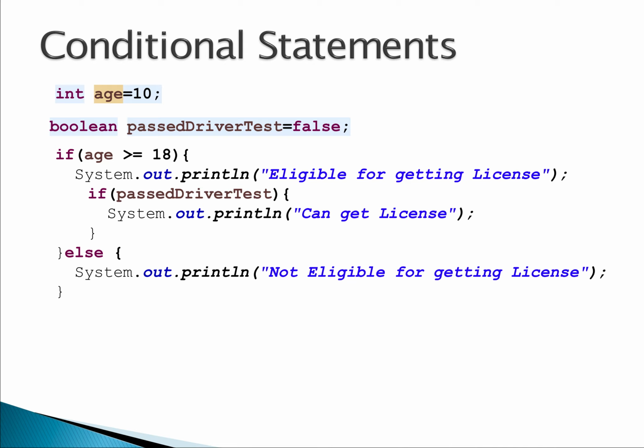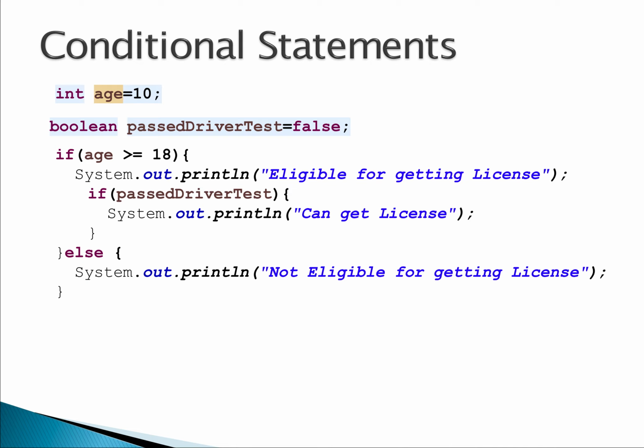If not, the else block is going to get executed, which is going to say not eligible for getting a license. The if block has curly braces starting from age greater than or equal to 18, and that curly brace is going to end near the else. That is the else corresponding to that if block.